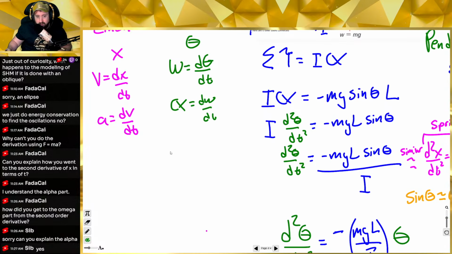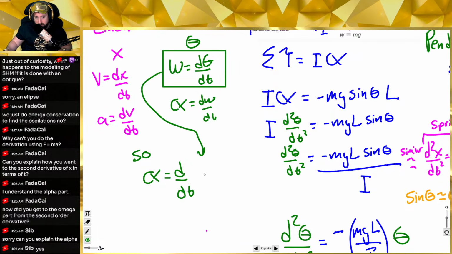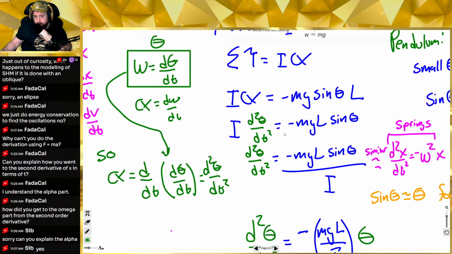Okay. So alpha equals d dt of omega, which, the derivative of the derivative is the second derivative with respect to time. Okay, so that's how I know alpha is d squared theta dt squared.